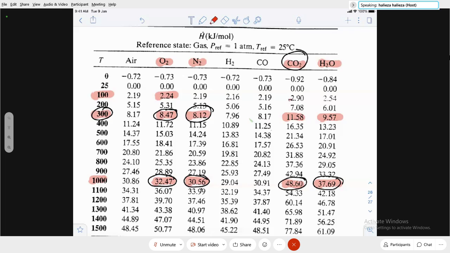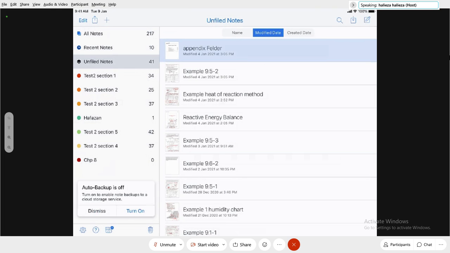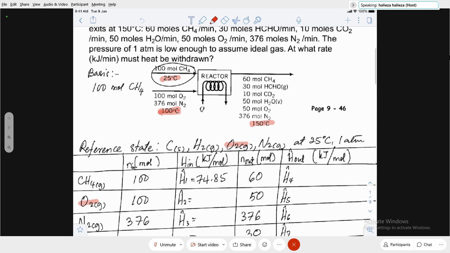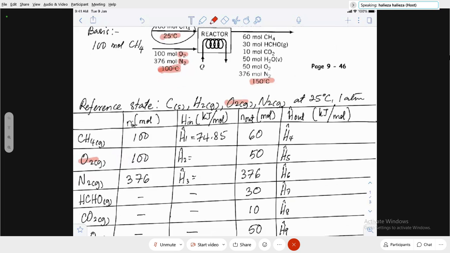Oxygen 2.24. Nitrogen I also need: 2.19, because both of them are coming in at 100 degrees C. So let's put these values into our example, since oxygen and nitrogen are coming in at 100. I'm going to write down that same value from the appendix, 2.24 for oxygen.